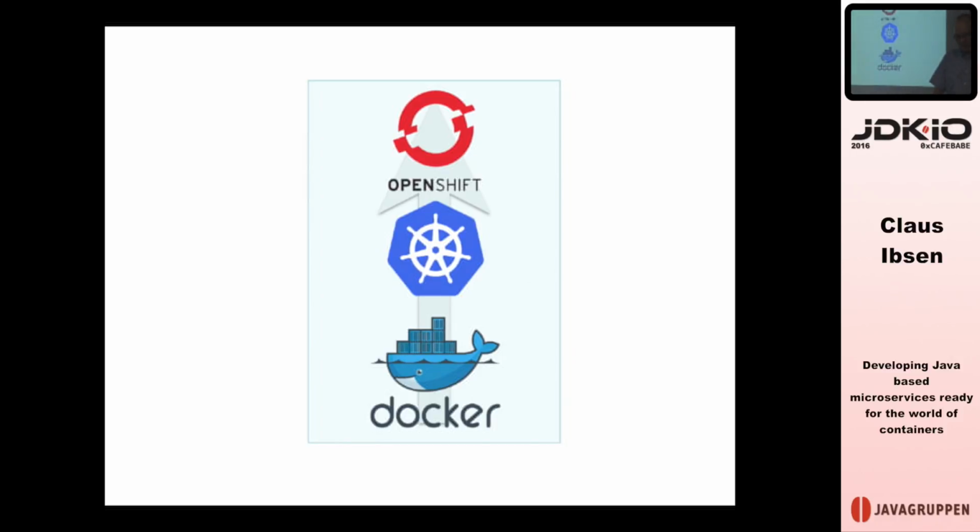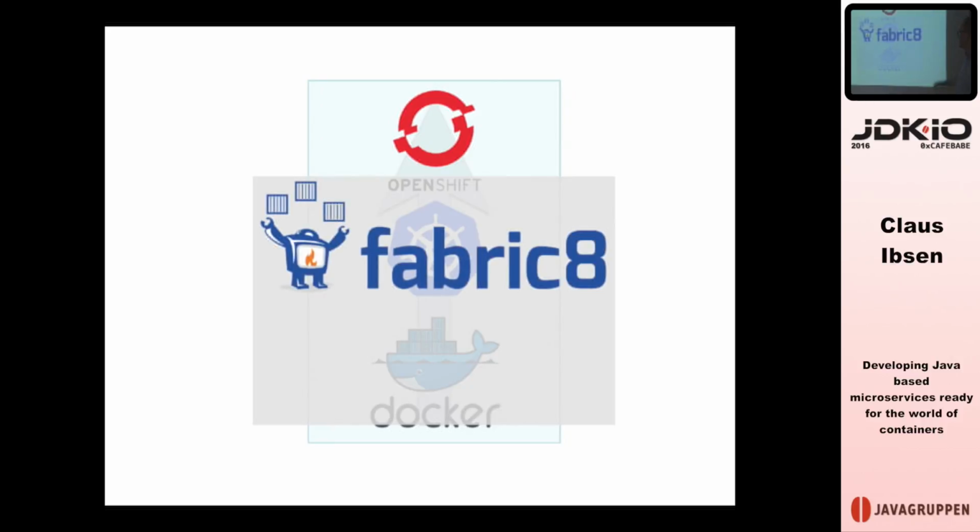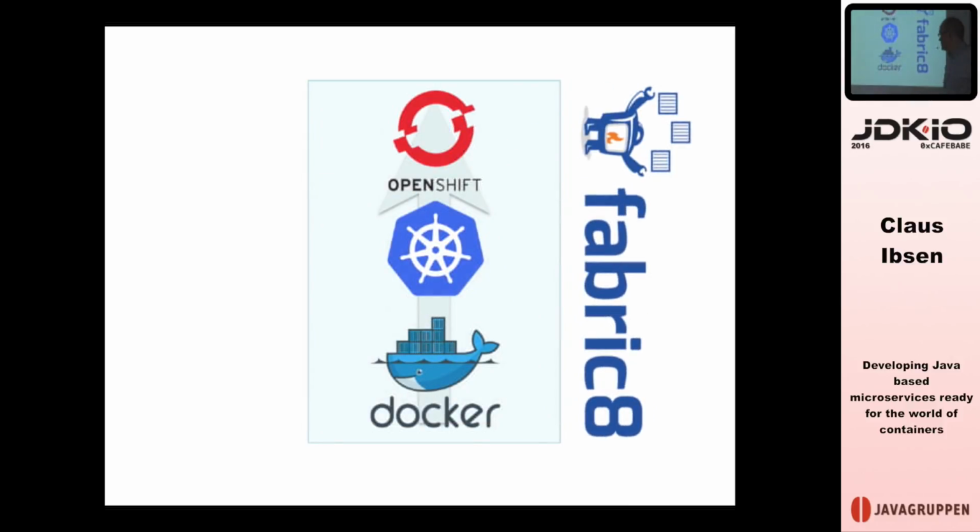Then there is another product I talked about just briefly, Fabric8. What is that? That's a very good question. Is it something on top of OpenShift, or is it on top of Kubernetes, or what is it? Well, I like to picture Fabric8 sort of on the side. So Fabric8 provides a set of microservices and tools and whatnot to each of those.